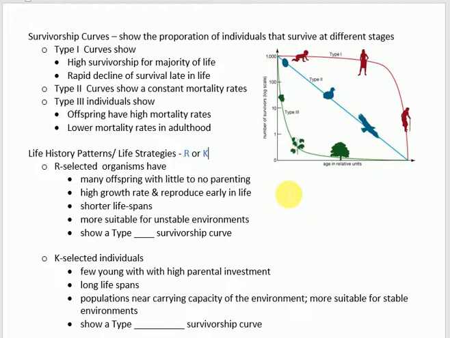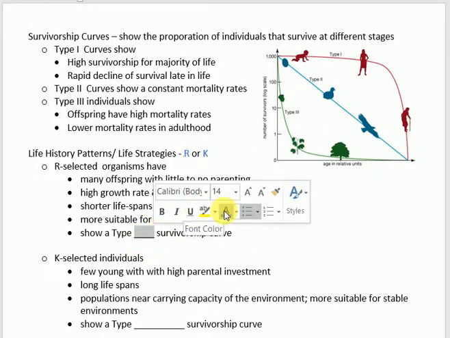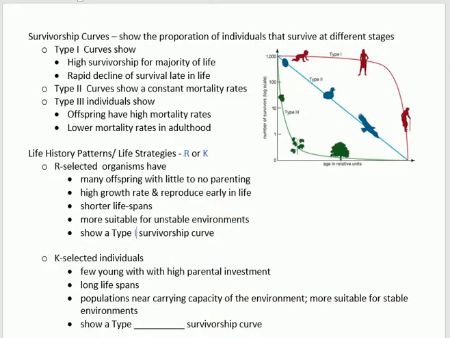There's going to be a high growth rate, and they're going to reproduce early in life. Because of this, they end up with shorter lifespans, and they are more suitable for unstable environments. This kind of curve is the type 3 survivorship curve.